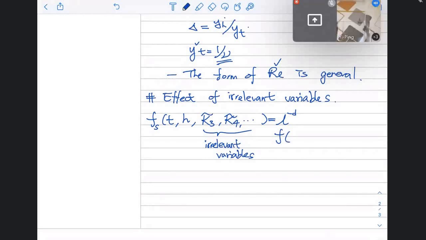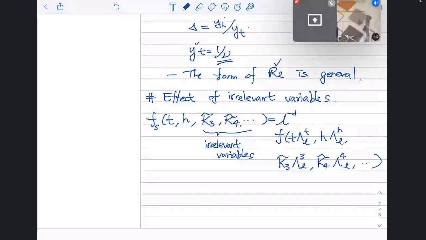Following the procedure from last week, after one RG step, T picks up the scaling factor lambda_T(L), and the coupling H will also pick up a scaling factor. We have similar scaling forms for the irrelevant operators, which I'll write as lambda_3 on the scale L, etc.